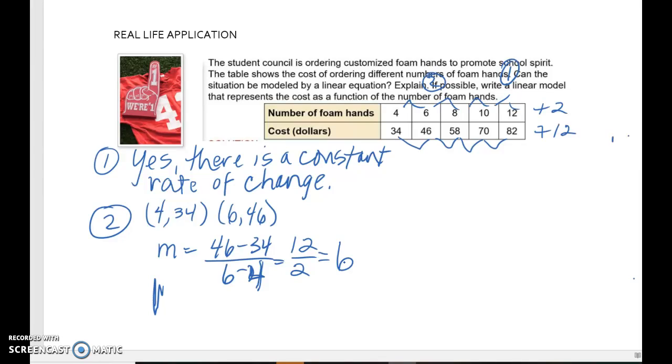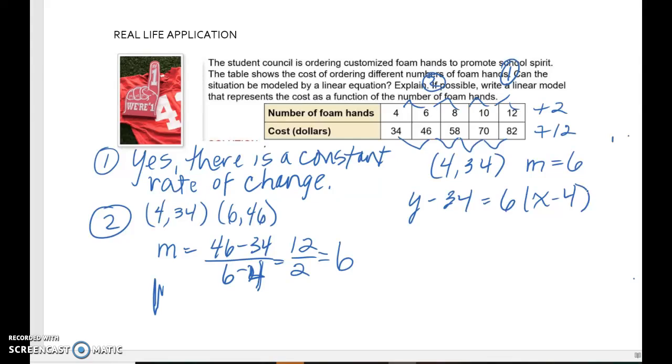Okay, using the process we learned above, I'm going to pick one of the points, and again, just the first one because it's probably going to be easiest. And I'm going to use the slope and start by writing that in point slope form. So y minus 34 is equal to the slope times x minus the x value.